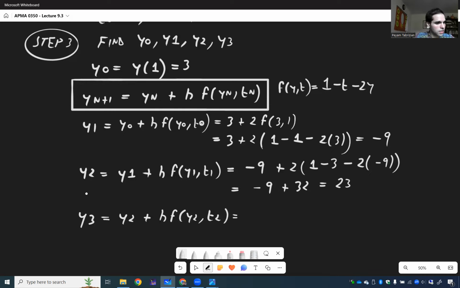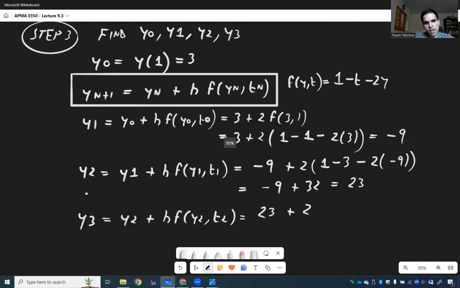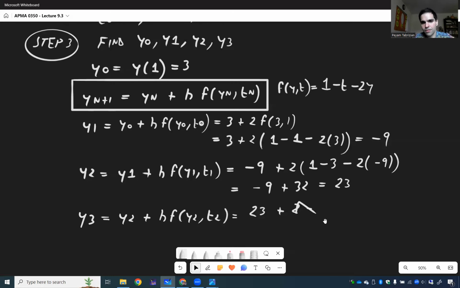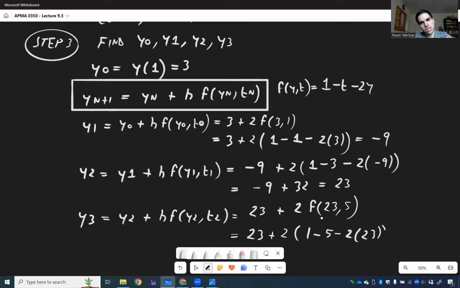And again, that's 23 plus 2 times f of 23, comma 5, and that becomes 23 plus 2 times (1 minus 5 minus 2 times 23), which becomes minus 77.